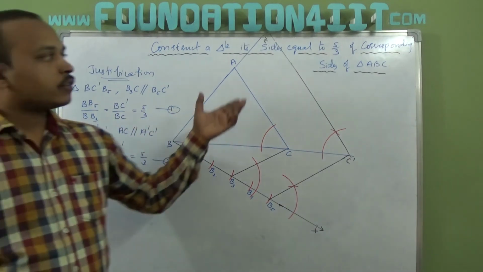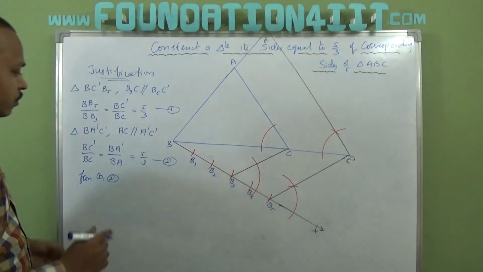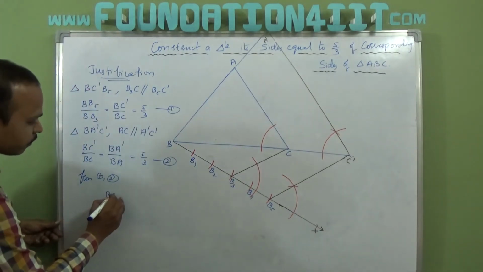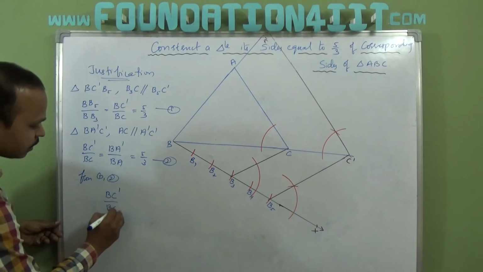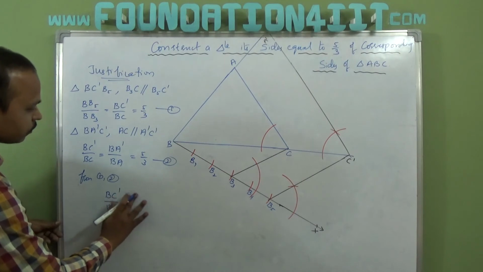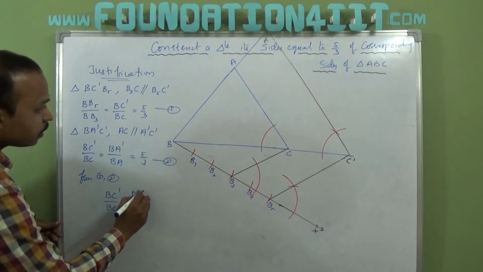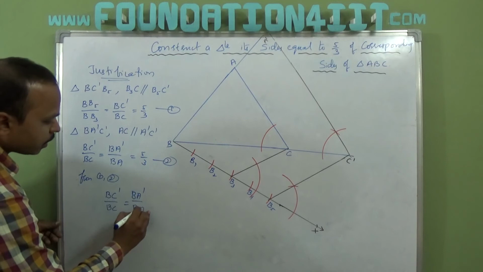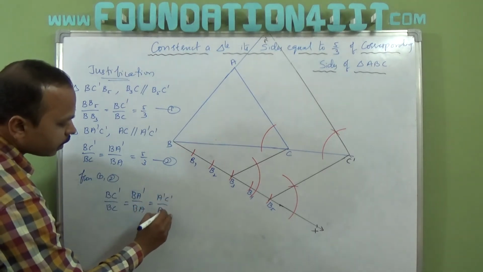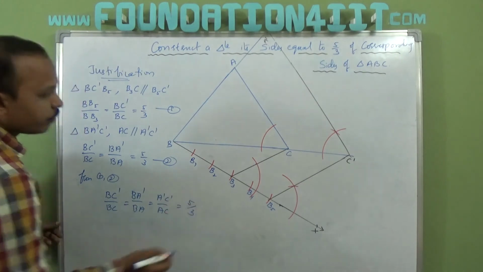Now every side is equal to 5 by 3 of the corresponding sides. So you can write it like a statement: BC dash by BC is equal to BA dash by BA is equal to A dash C dash by AC, which is also 5 by 3.